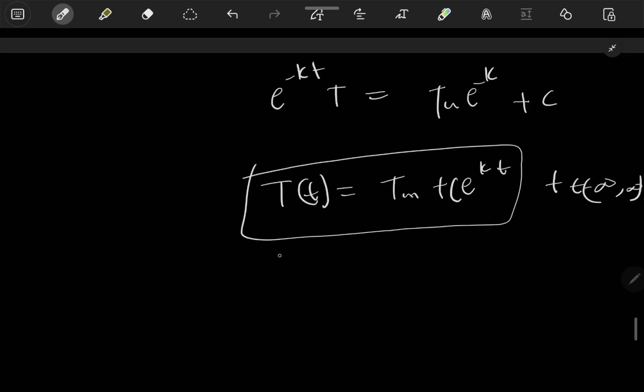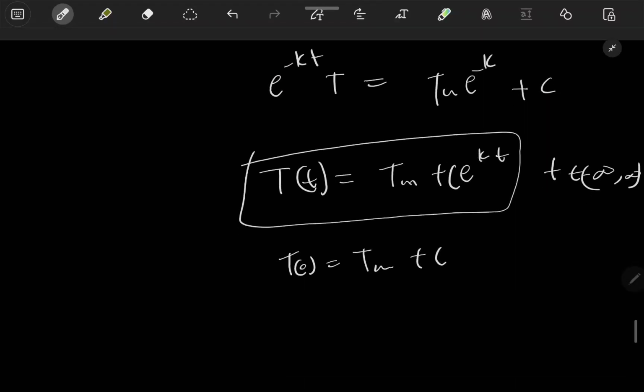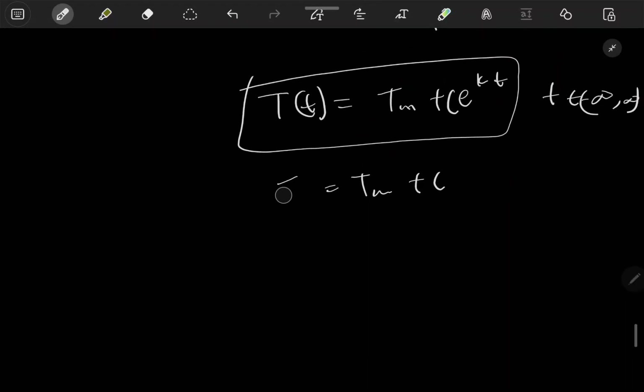They gave us an initial value, T naught, the temperature at time naught. If I put naught here, I'll have a C here. What was C? The temperature at time naught was T naught. Then my C is going to be T naught minus Tm.